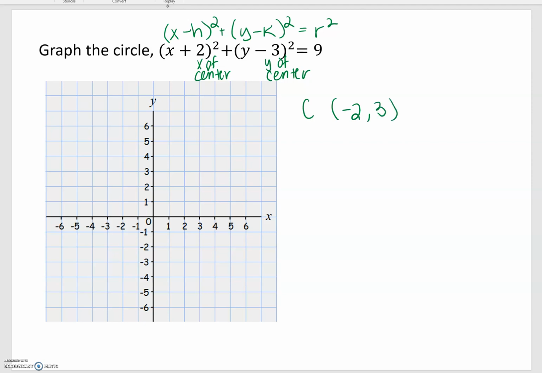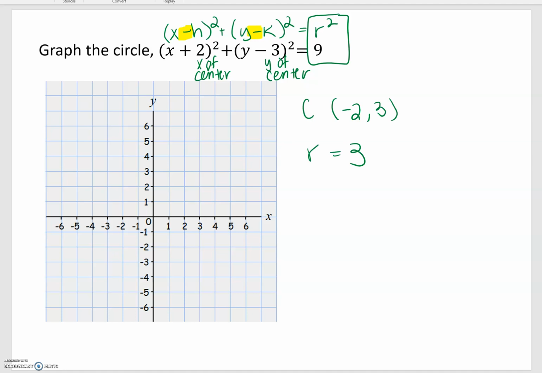Okay, notice the signs on that because in the original formula we have minus signs. So I do have -2, 3 as the center of my circle. Then remember that your r is r squared in your equation, so you want to take the square root of that in order to find your actual radius. So in this case, my radius is a 3.